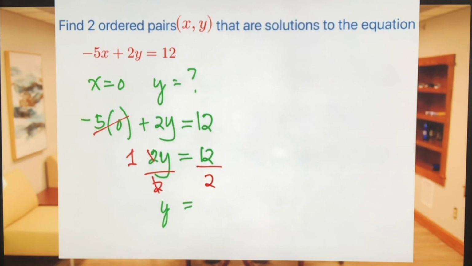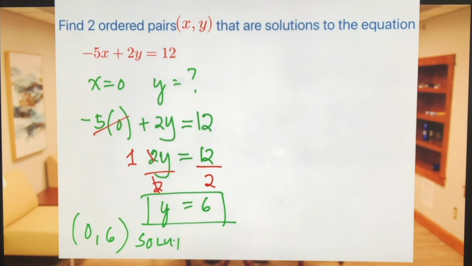Then 12 over 2 is 6. So we say that when x equals 0, y equals 6, the point (0, 6) is a solution. This means that this point is on the line or is on the graph of negative 5x plus 2y equals 12.